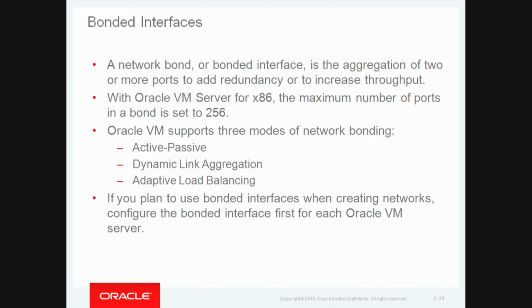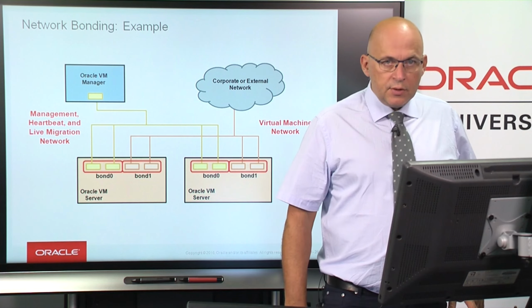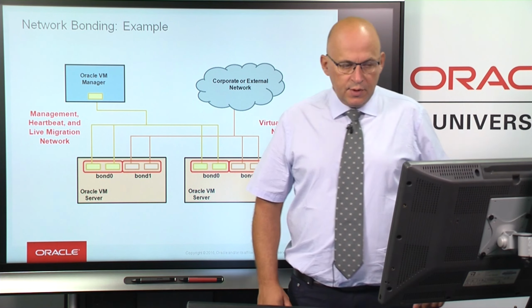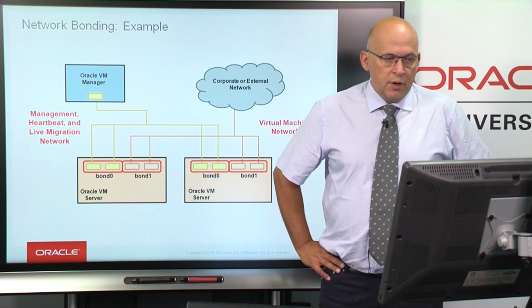Then if you need to create bonded interfaces, whenever you have to create this kind of network, you have to configure the bond interface on every Oracle VM server. So here we have some examples of network bonding.